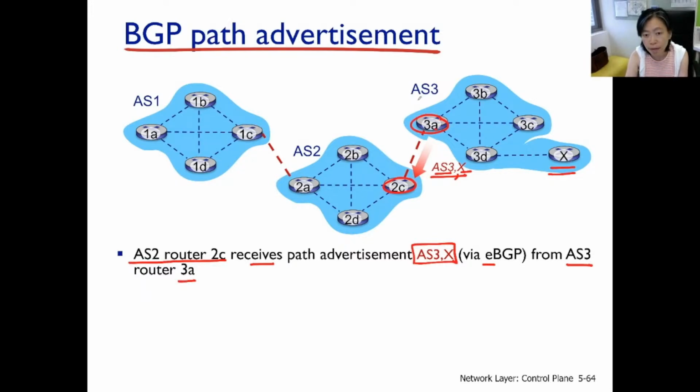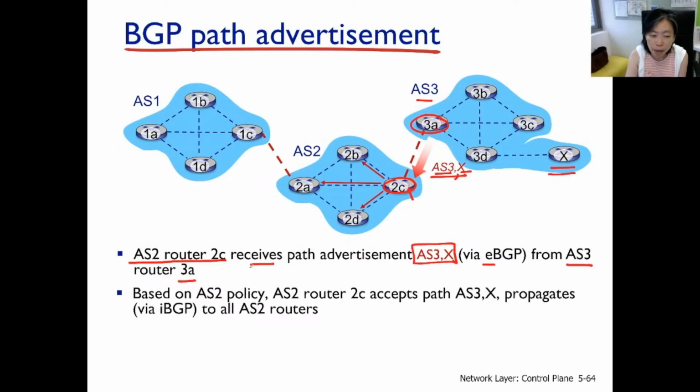So 3A of AS3. Now, if you recall in the very early slide, right, the border router here will then propagate the AS path throughout all routers in the network. But no, there's import policy. So the exact process is more like this. 2C there will actually check AS2's import policy.